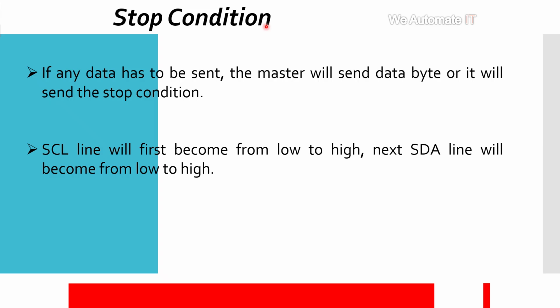If any data has to be sent, the master will send the data byte, or it will send the stop condition. For the stop condition, first the SCL, the serial clock line, goes from low to high, and next the SDA line goes from low to high.